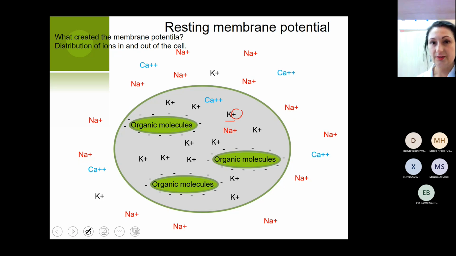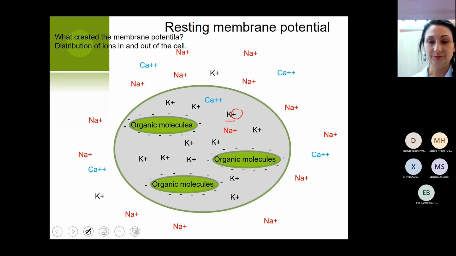Another is calcium. In contrast to sodium and potassium, calcium has two charges, charge plus 2, and its higher concentration is outside the cell and its lower concentration is inside the cell.